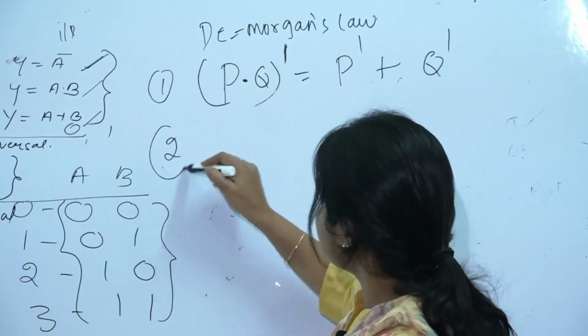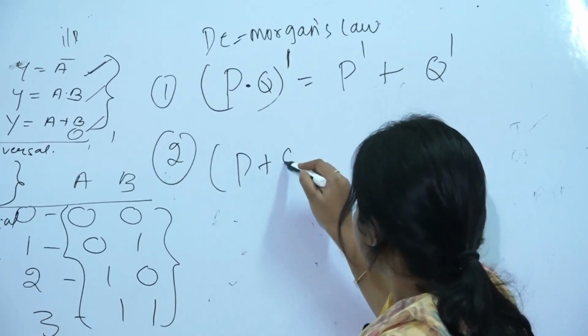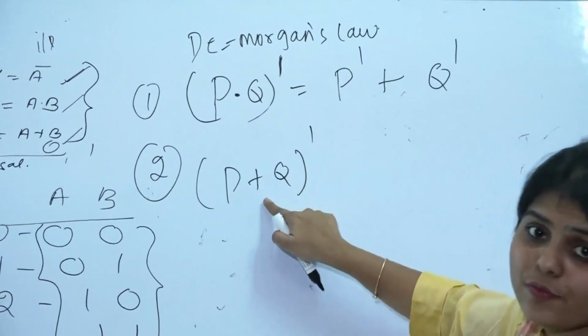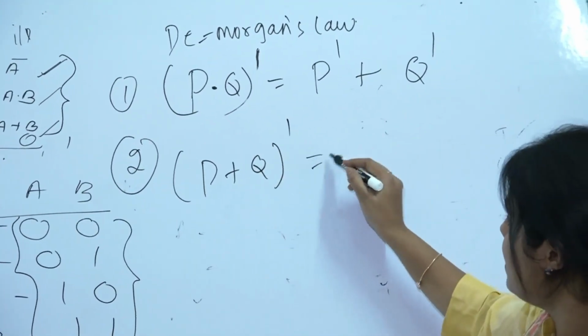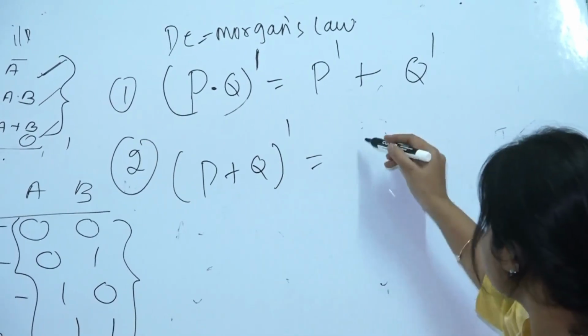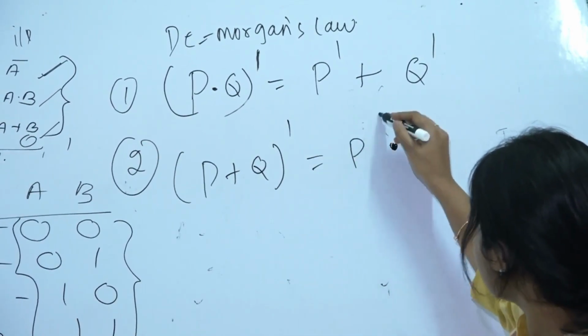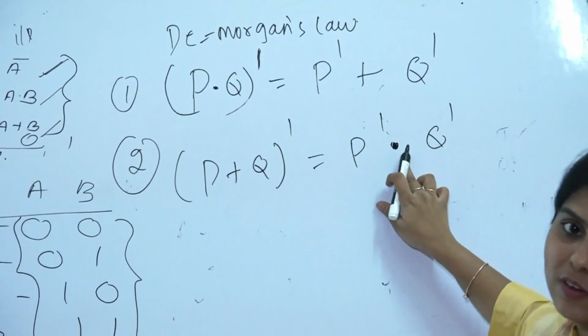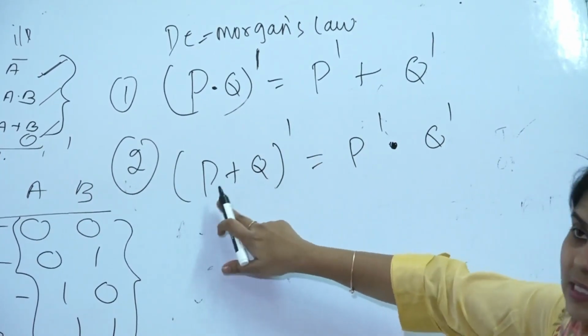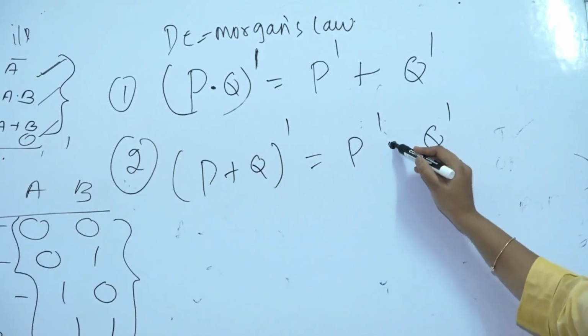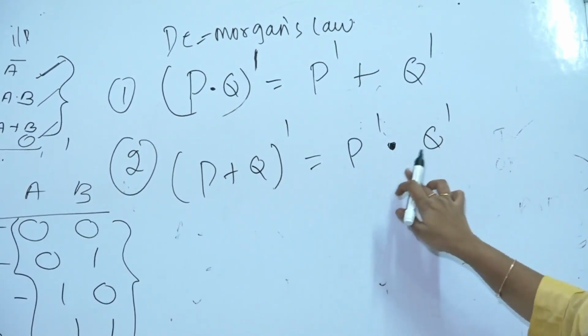Now the second De Morgan's law says the complement of the sum of variables is equal to the product of the complements of the individual variables.